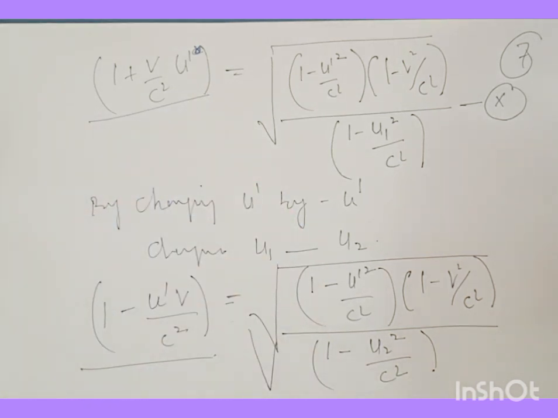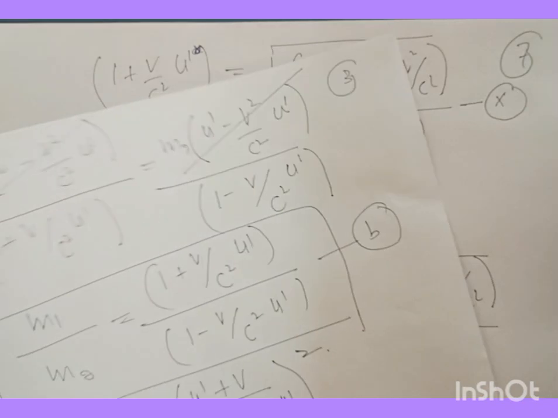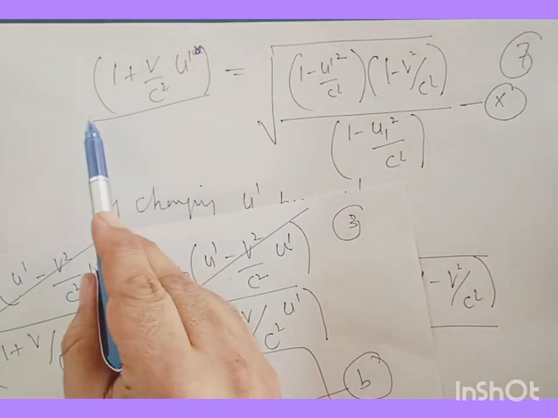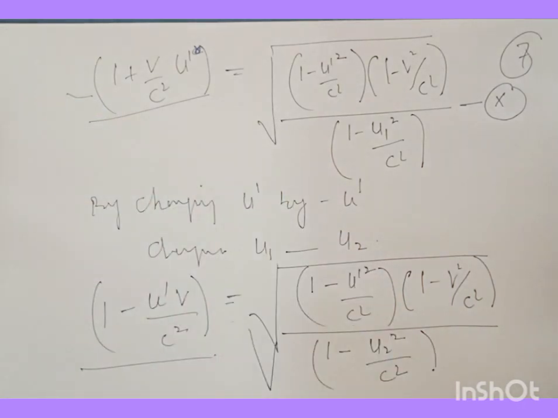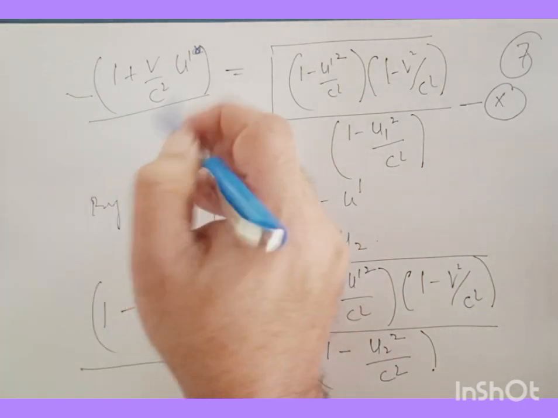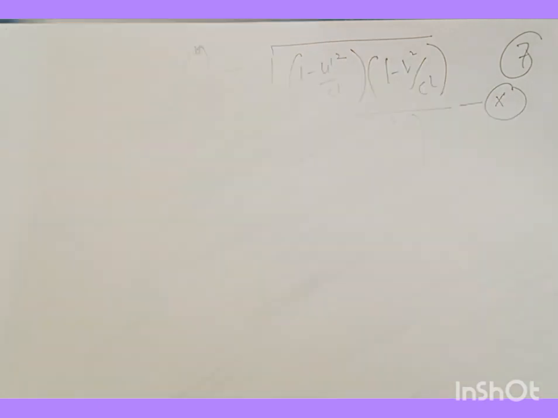These two ratios are simply m1 by m2. We can see that m1 by m2 is the plus term divided by the minus term. So if I divide the two equations, instead of the ratio of these two, I'm going to write directly m1 by m2.